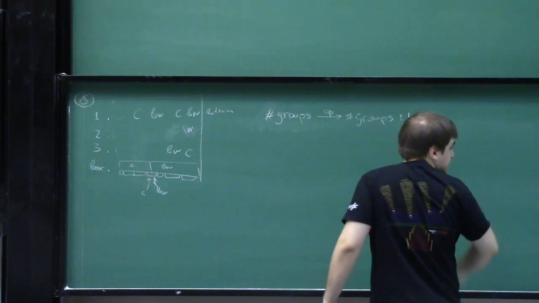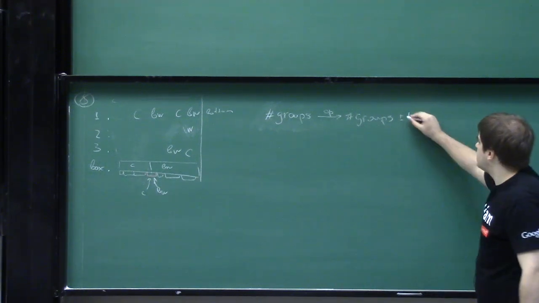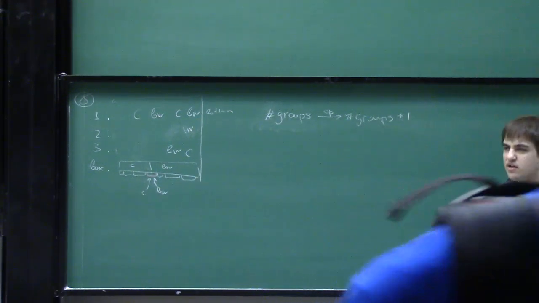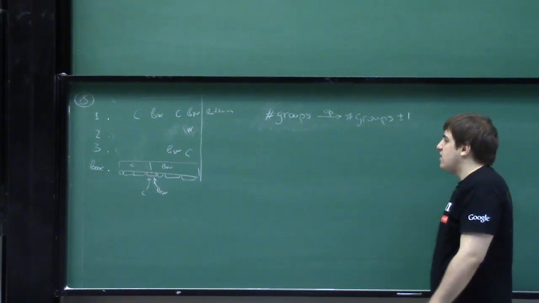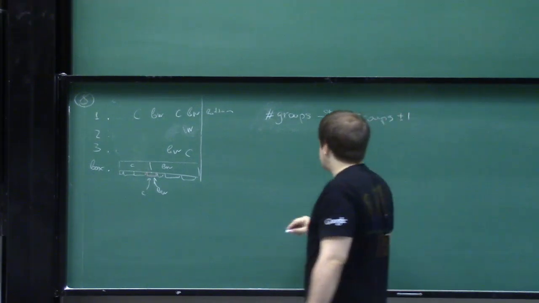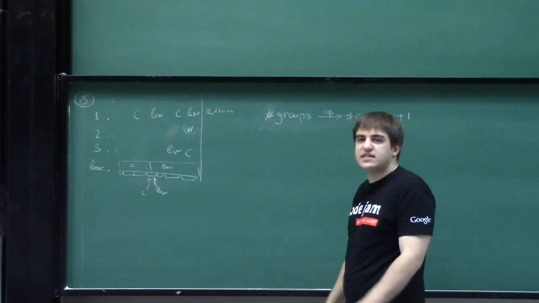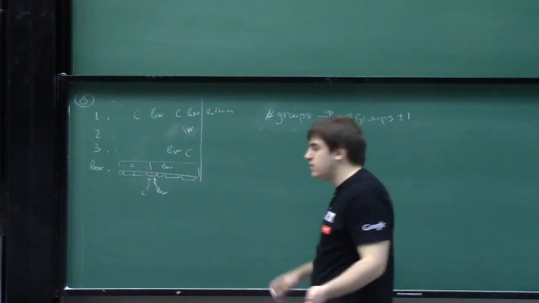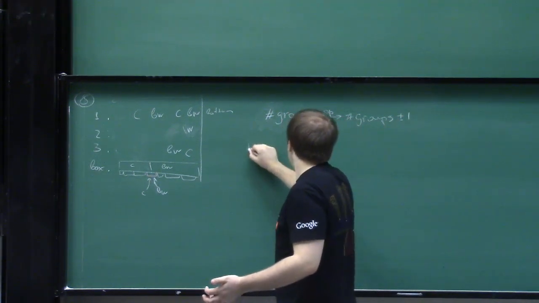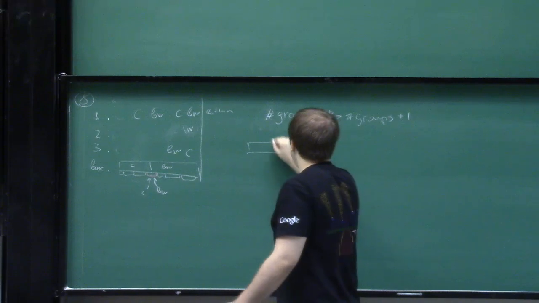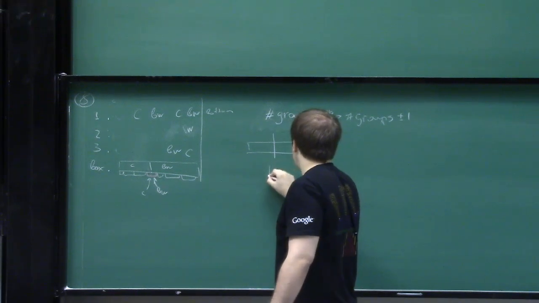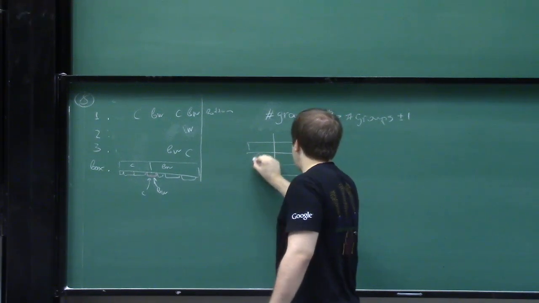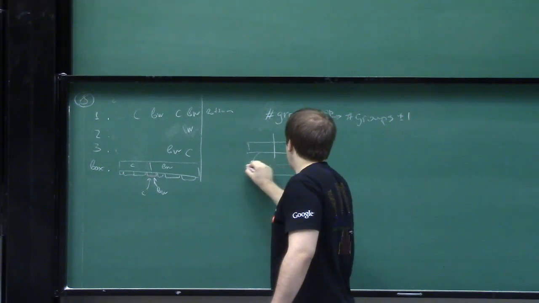Actually, it transforms to the number of groups plus or minus 1, or maybe the same. Why so? Consider the stack and the box that you have affected. You have just taken its top part and put it somewhere else. What happens next?